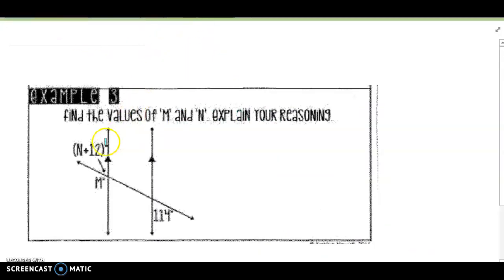All right, guys, let's look at example 3 now. We see this angle is n plus 12 and this angle is 114. So you need to ask yourself, what kind of angles are these 2 highlighted angles? They are alternate exterior angles.